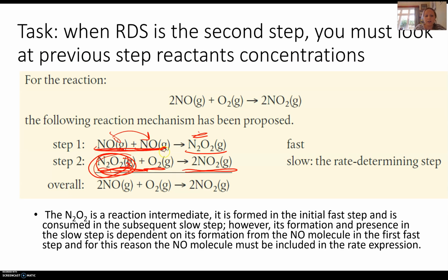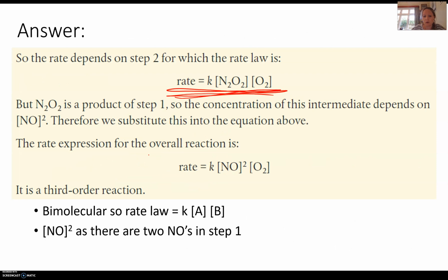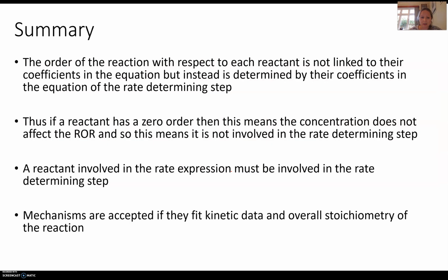So we actually kind of forget about this and look at where this came from. And this would be a bimolecular, so NO times NO, so making second order, and then also times by O2. So the actual rate expression for this one here is rate equals k[NO]² [O2]. So you actually ignore that part, even though it was the rate determining step, because the only way to have made this was from these.